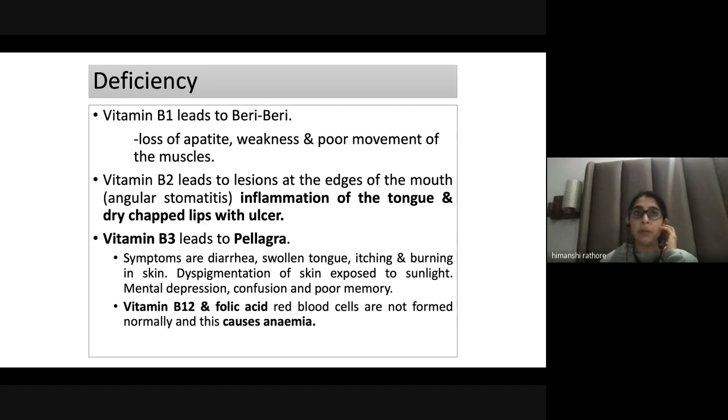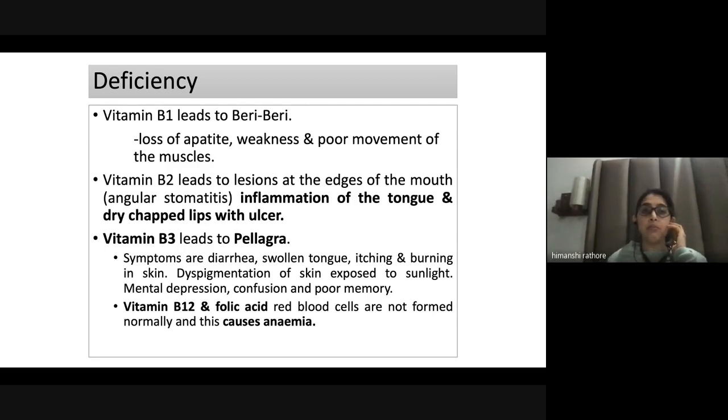Your fingers won't be able to move properly. You will have pain in joints, and poor movement wherever the muscles are required, like knee joints, finger joints, elbow joints. They will start paining and you won't be able to move them properly.